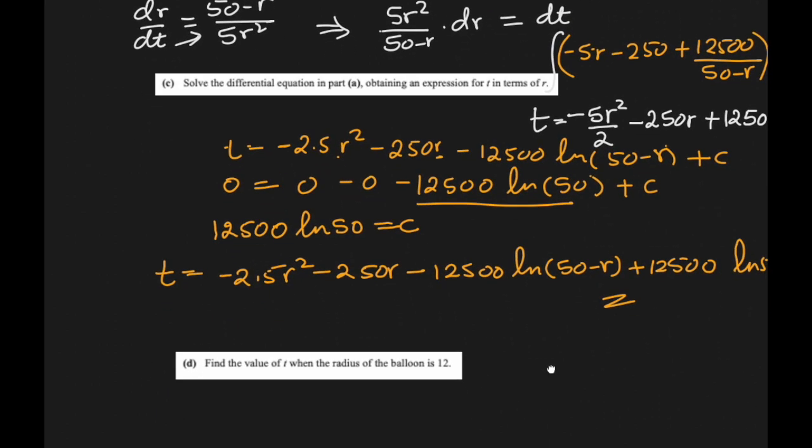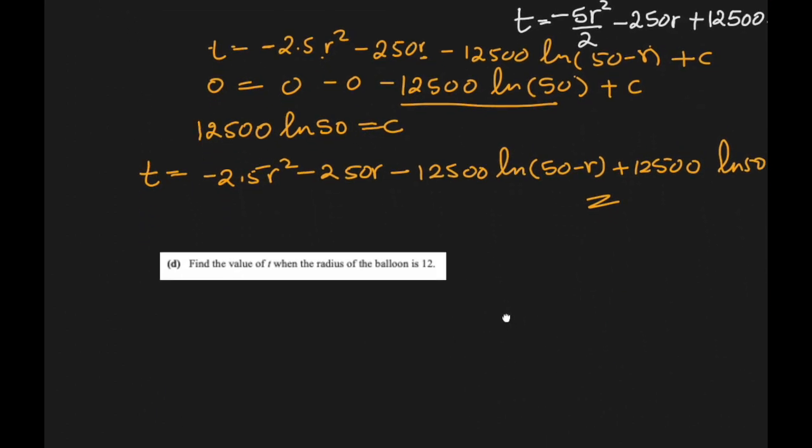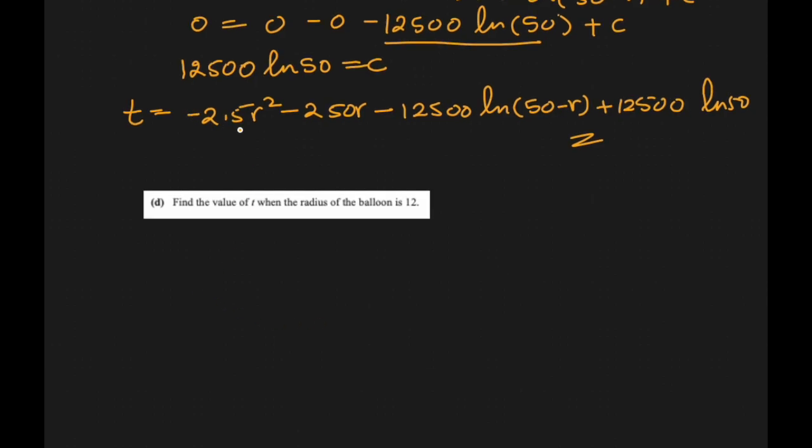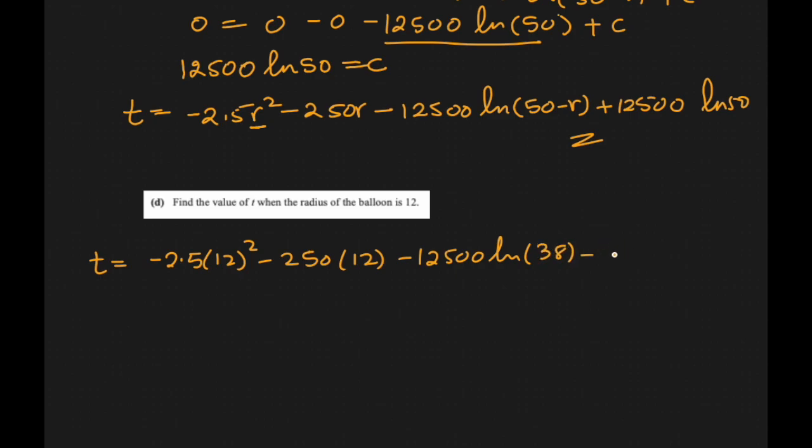Now the final part says find the value of t when the radius of the balloon is 12. So I'll just substitute r by 12. So minus 2.5 times 12 square minus 250 times 12 minus 12500 natural log 50 minus 12, which will be 38, minus 12500 natural log 50.